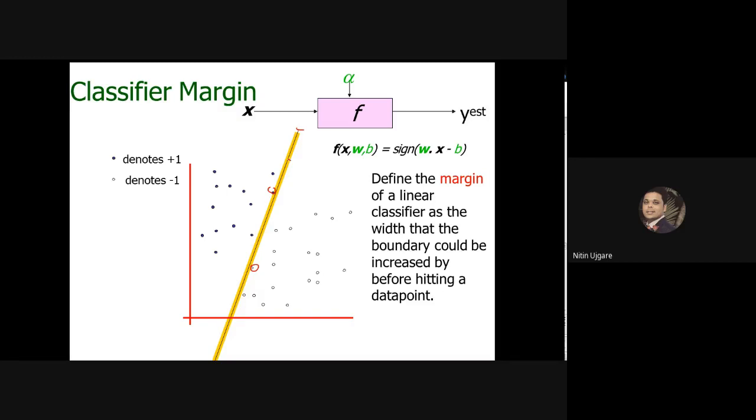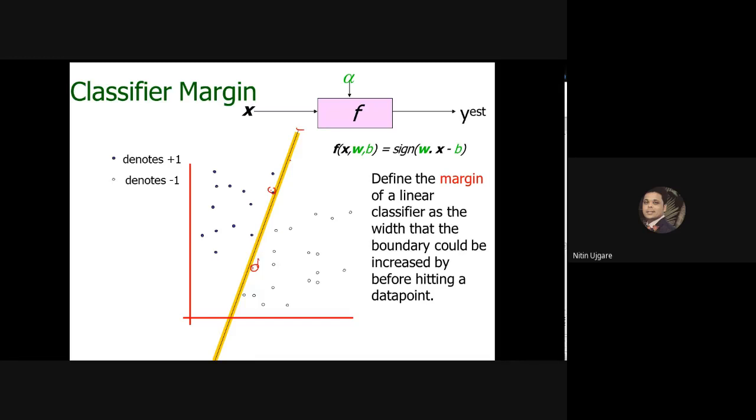Because of this, there is a high chance that we may misclassify these points with a small noise or a small error. These two points are likely to be misclassified into the other class by this decision boundary.